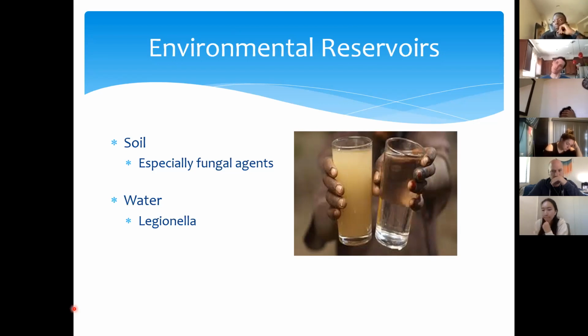And just breathing in the air that comes up off of the water can cause the infection. We can also ingest water. If we ingest water that's affected, that can also cause an infection.